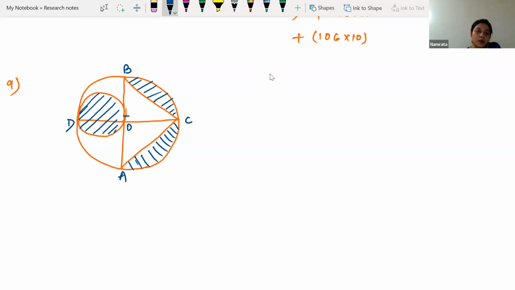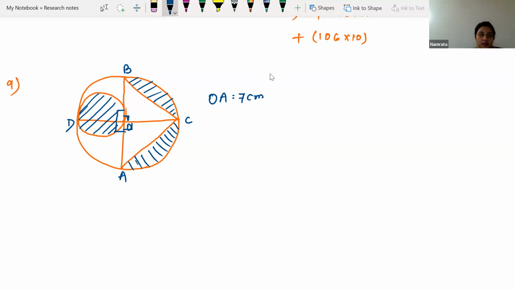So both diameters are perpendicular to each other. Here also it's 90 degrees. That's the given condition. Now, if OA is equal to 7 centimeter, find the area of the shaded region.